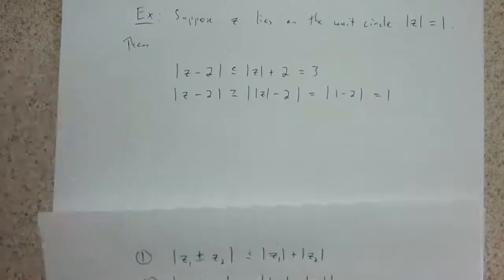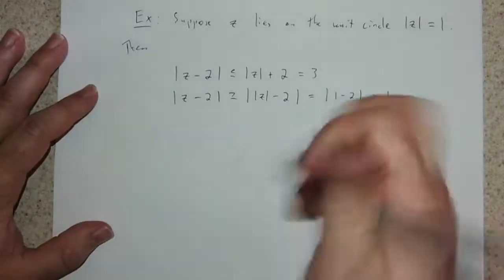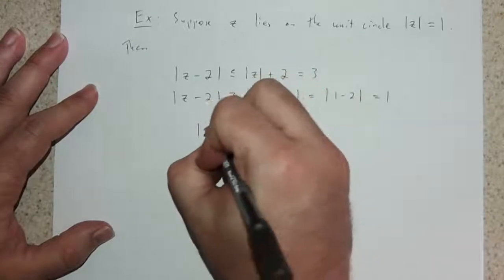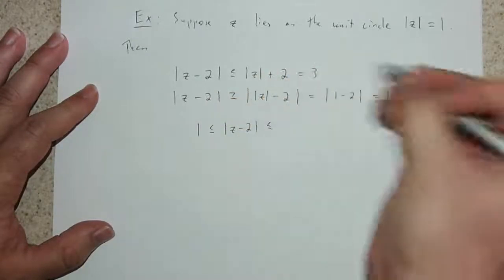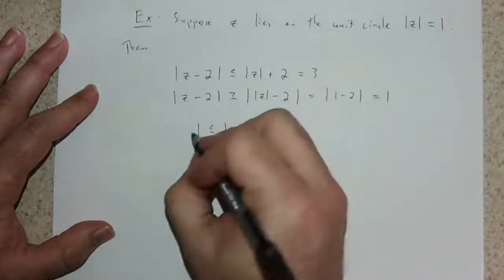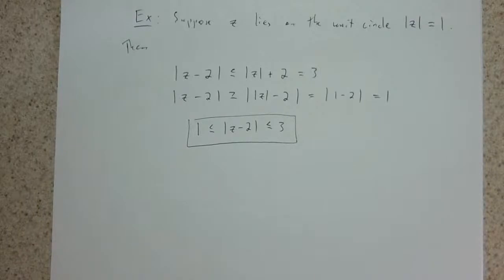And so, for a complex number lying on the unit circle, I know, for instance, that the modulus of z minus 2 is between 1 and 3.